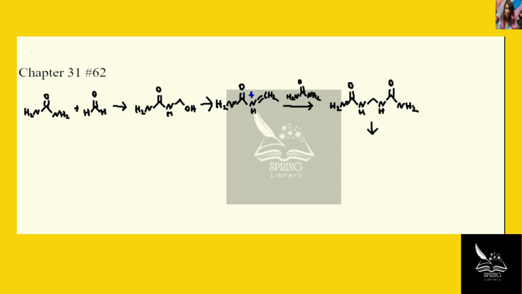Rather than look at it that way, what we could do is add a formaldehyde here, for example, to that nitrogen. If we were to do that, the product that we get would look like this.